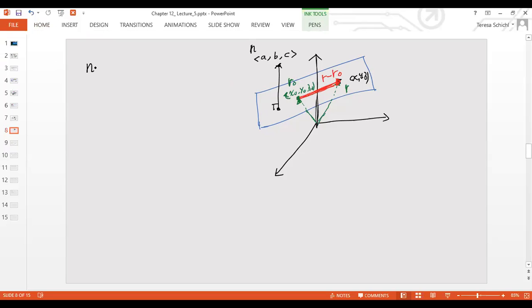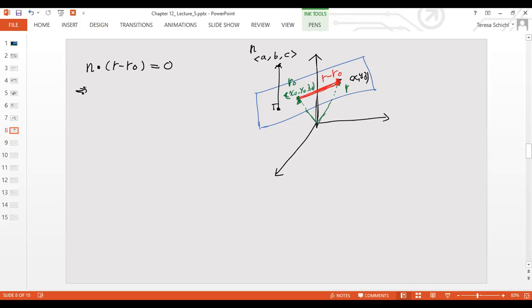From the dot product, n dot this red vector, r minus r0, which lies on top of the plane, will give you zero, because it's perpendicular: the dot product involves cosine theta, and cosine 90 equals 0.